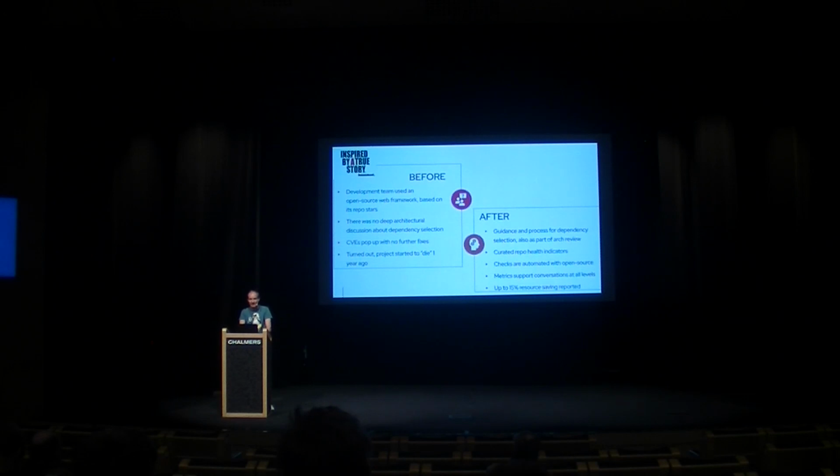And after this improvement was implemented, the team reported up to 15% resource savings handling the dependencies, because a lot of stuff was automated. These are the kinds of things you can show as an improvement, again, to business, to leaders, which is very important.